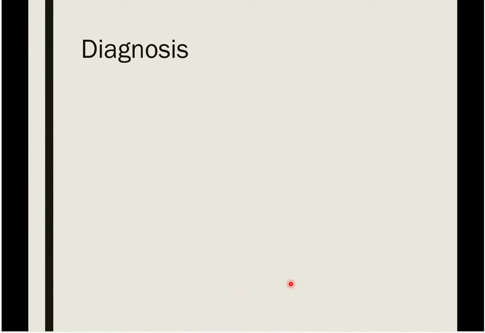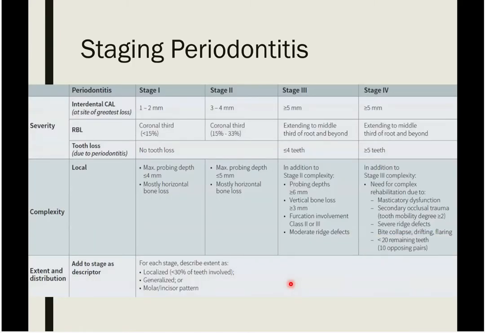All right, so we did diagnosis and treatment plan. I don't know if I needed to review this because I covered it out loud, but certainly the 5 millimeters or greater, stage 3. So it sort of pushes you already there.